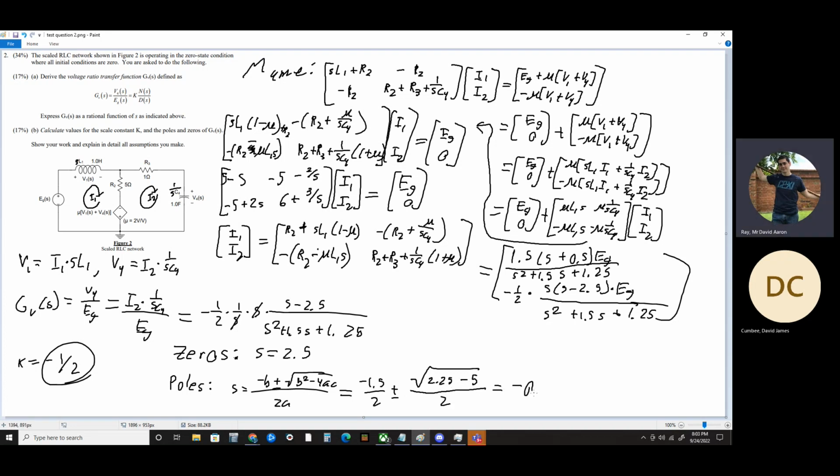And this equals negative 0.75 plus or minus square root of 2.25 minus 5, divided by 2. It's going to be 0.829156. And this is our pole, and this is our zero.